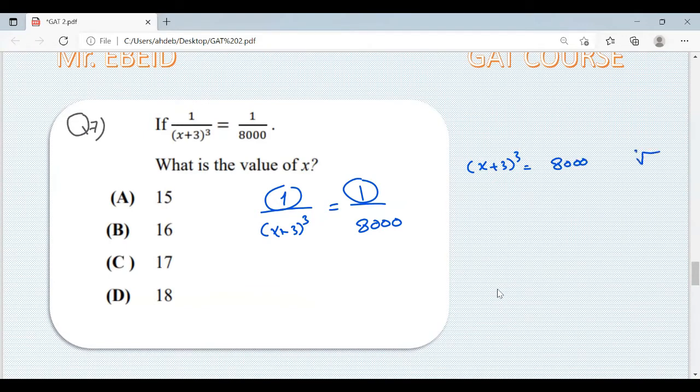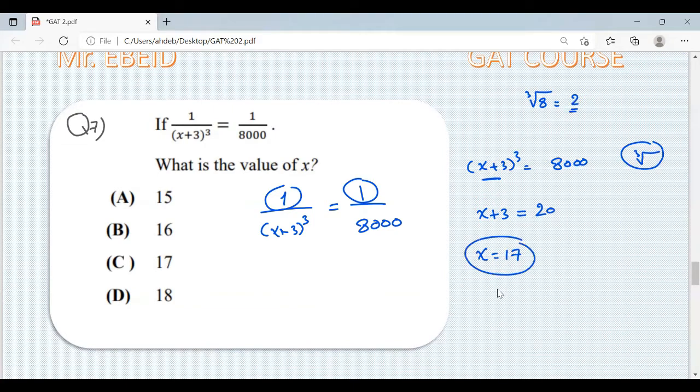Take the cube root. As you know, the cube root of 8 equals 2. So the cube root of the left-hand side is x plus 3, and the cube root of 8,000 equals 2 and put 1 zero, which is 20. So subtract 3 from both sides, so we have x equals 17.